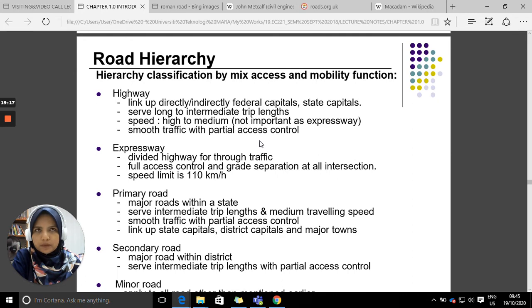And also along the way at Baling, all the way there are lots of intersections. Suddenly you need to stop because there is a traffic light over there. So in terms of the traffic, it's smooth, but you need to be extra careful because there is only partial access control. If it is expressway, you have full access control. You can speed. Alright.